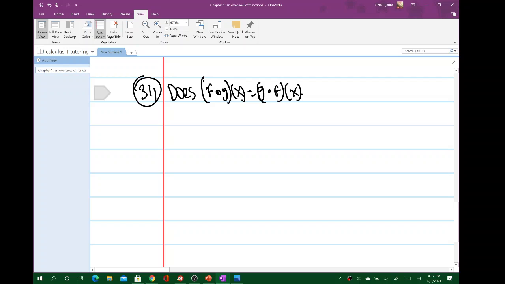So basically, does f composed with g of x equal g composed with f of x? So let's do an example, okay? Let's pretend we have f of x equals 3x, or actually, hold on, x minus 1, and let's pretend g of x is equal to x squared. I'm just going to say x squared.